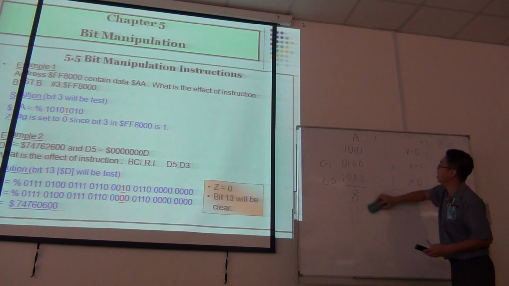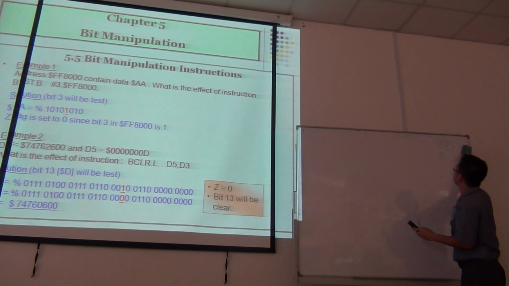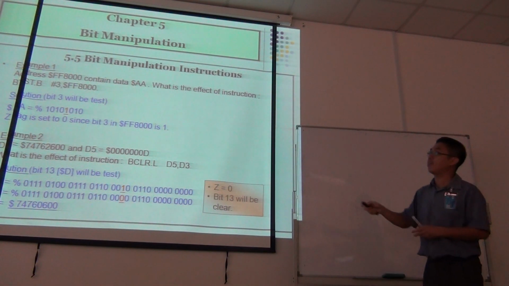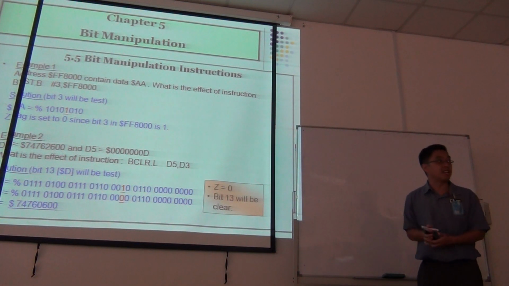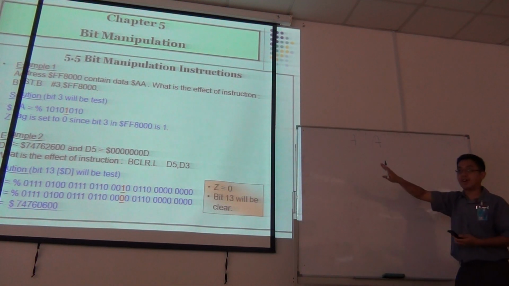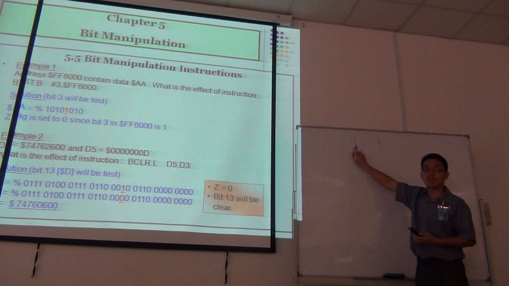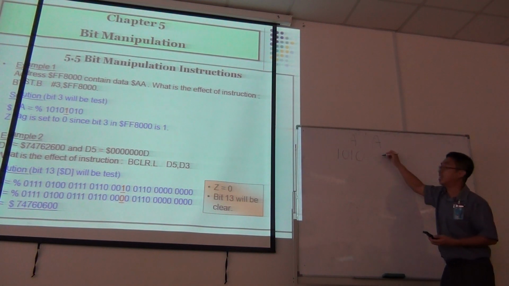Look at the definition back. At FF8000, the contents is AA. Okay so far? A is equivalent to 1010, another A is equivalent to 1010.